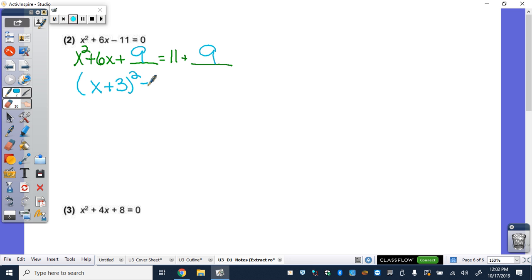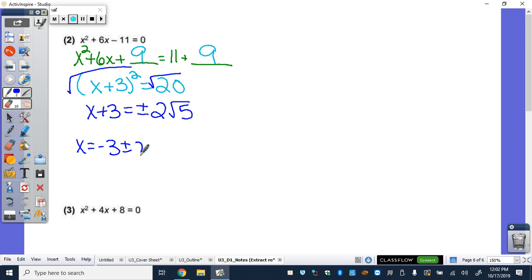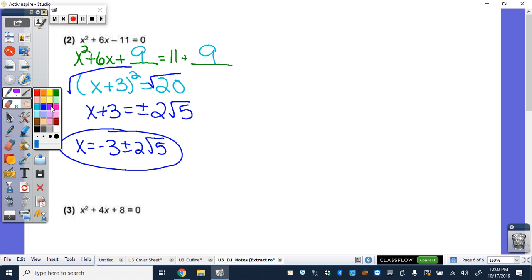Plus 3 squared. 11 plus 9 gives me 20. Then I take the square root of both sides. Yep, the perfect square that comes out of 20 is 4, which turns into a 2 when I take the square root of it. So I get 2 radical 5. Last step with that 3, subtract it over. Perfect. Negative 3 plus or minus 2 radical 5.